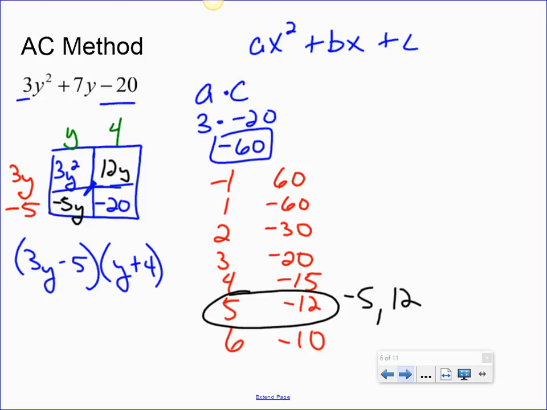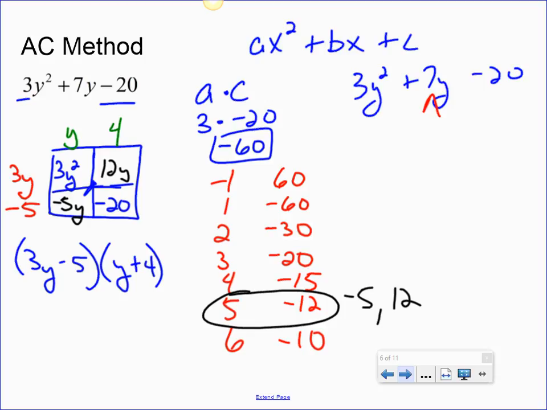Well, essentially what we're doing, we're looking for a way to split this middle term into two terms. So what are we looking for to split that into? That again is the same thing.